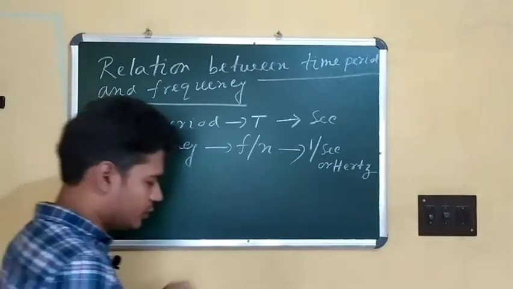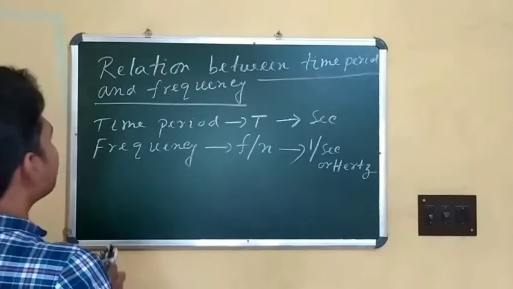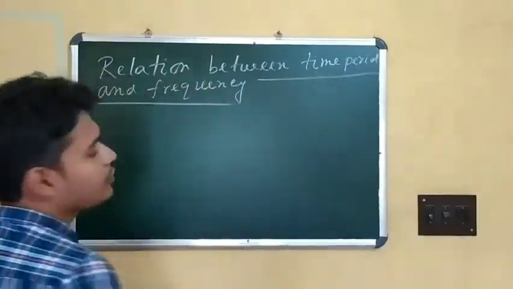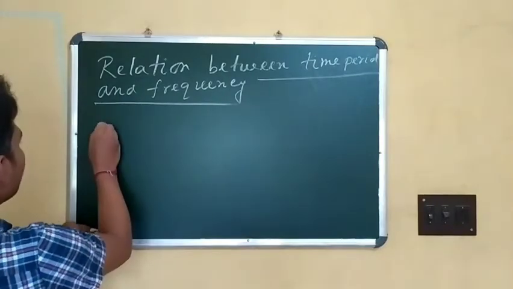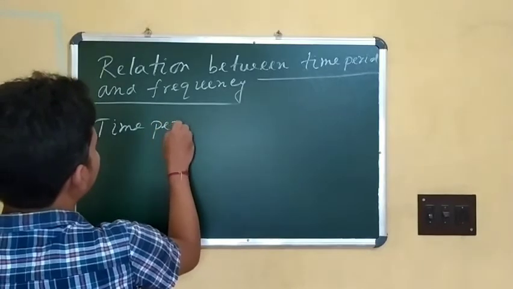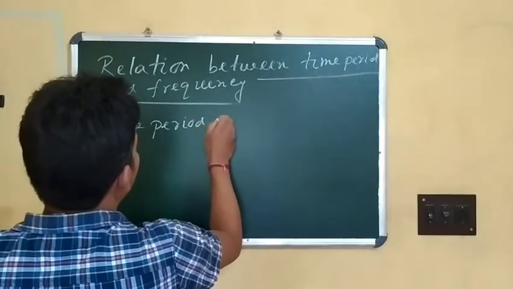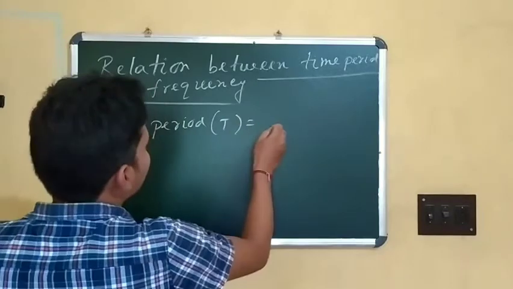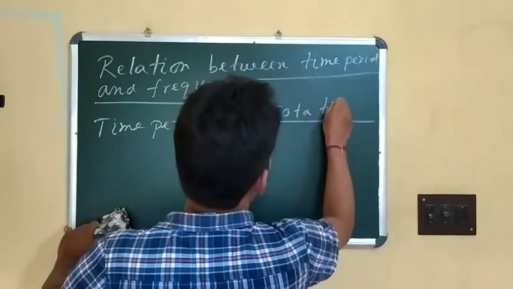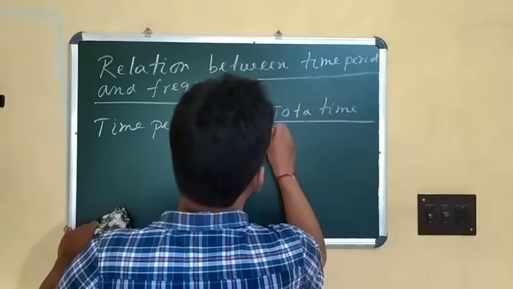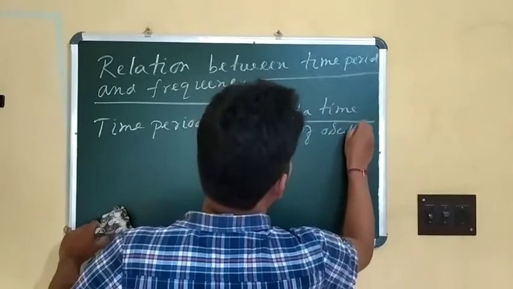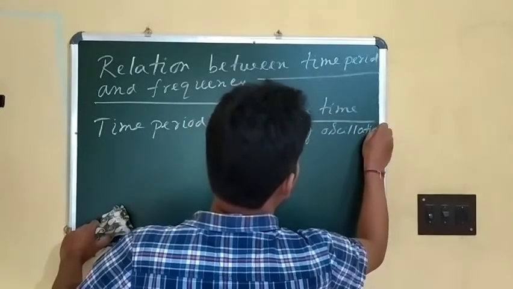Now, what is the relation between time period and frequency? At first you write down the formula of time period. Time period T equals total time by number of oscillations.